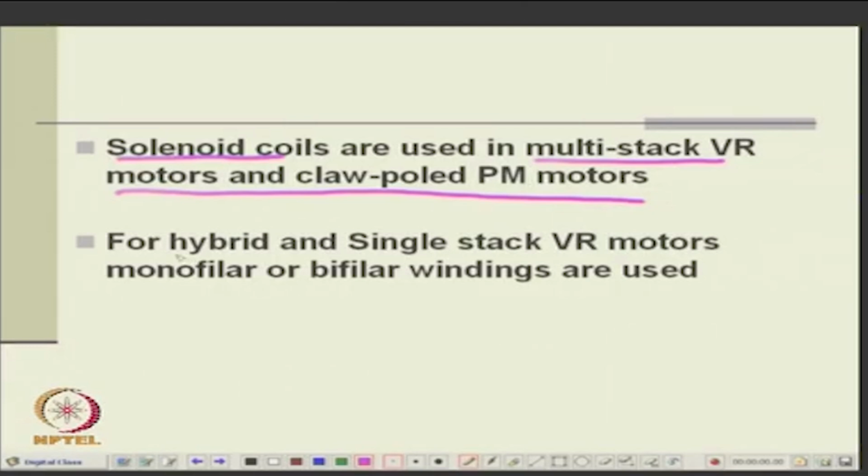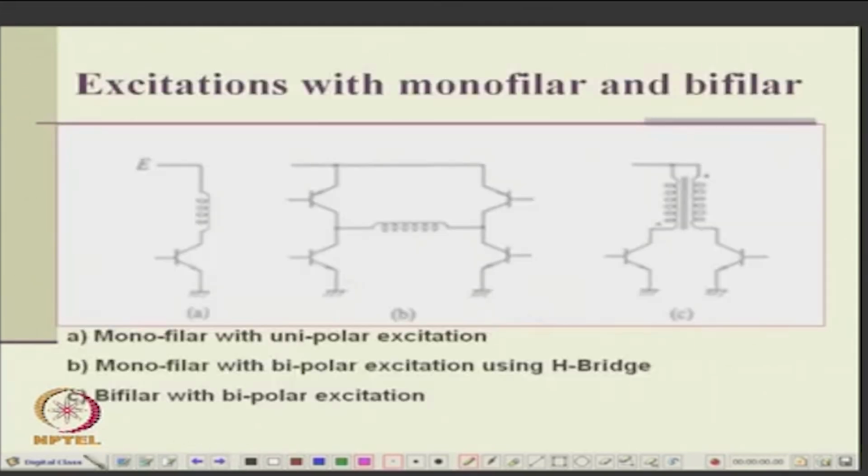Now, there are also hybrid and single stack VR motors which have monofilar or bifilar windings. So, for hybrid and single stack motors, you can use either monofilar or bifilar windings. Now, what are these monofilar? We have been talking about it.